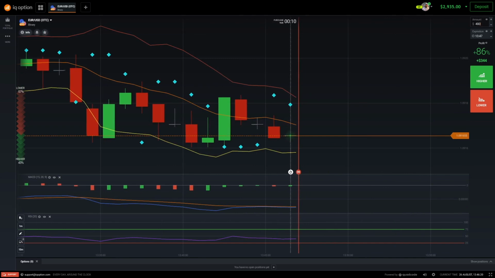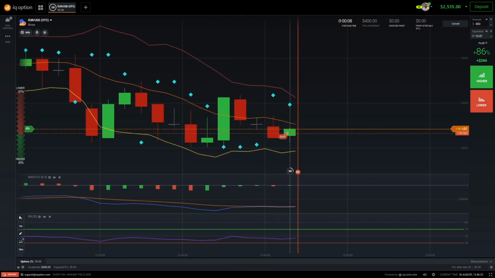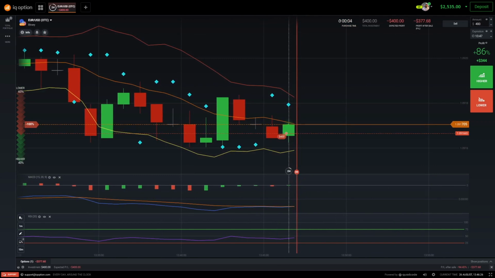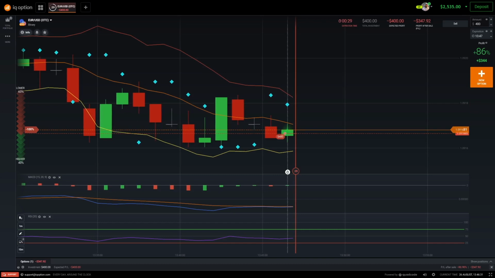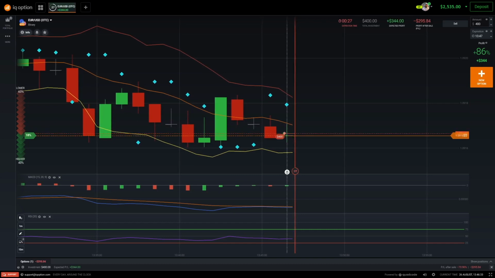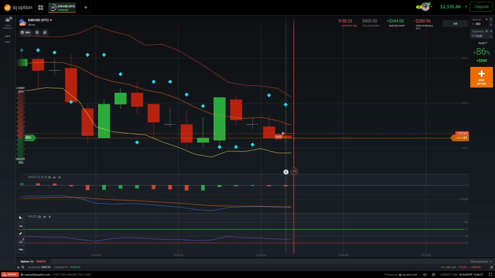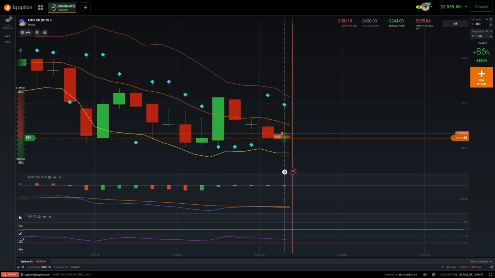Let's see. Yeah, we still believe that this one, MACD, is still indicating that we will have a green candle. That's why I don't trust MACD too much. I trust my strategy, and that's what I advise you to do.